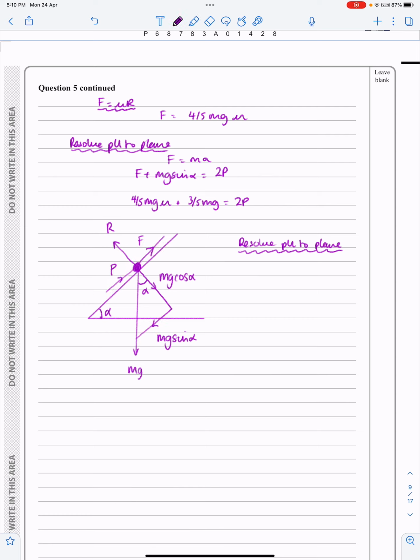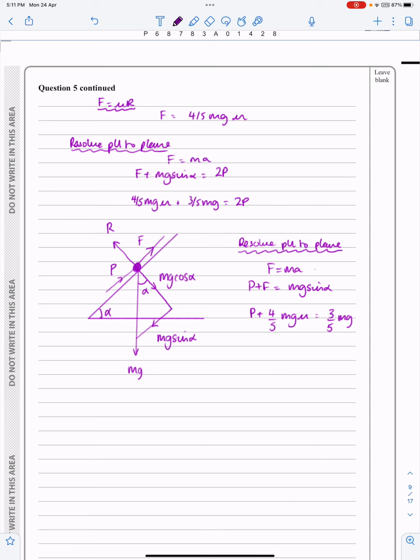So, F equals ma: P plus F equals mg sine alpha. So P plus 4/5 mg mu is equal to 3/5 mg.